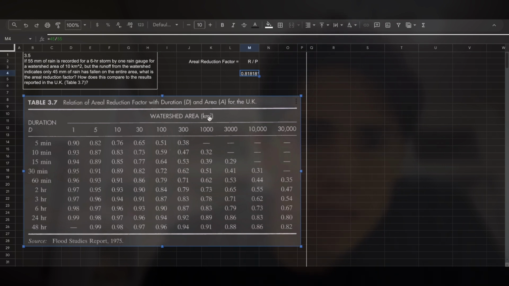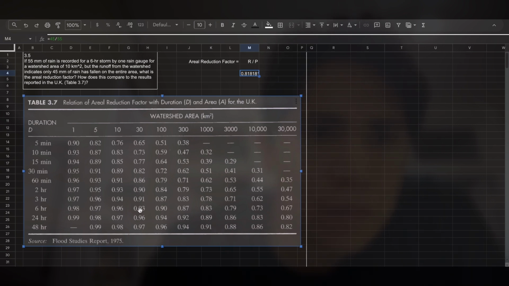We actually were given the area in square kilometers. But we don't need to convert it to find the area reduction factor. We don't need to convert into cubic feet. No, in our case it would be cubic meters. And now we just need to convert it.